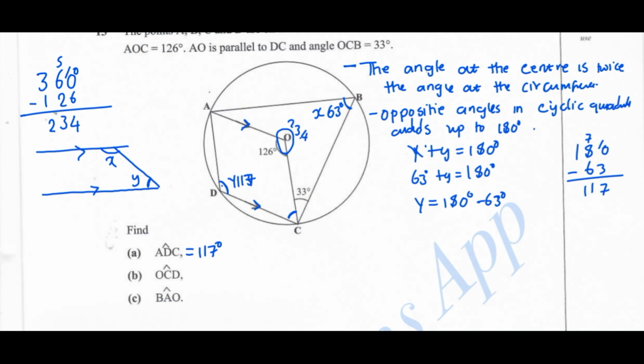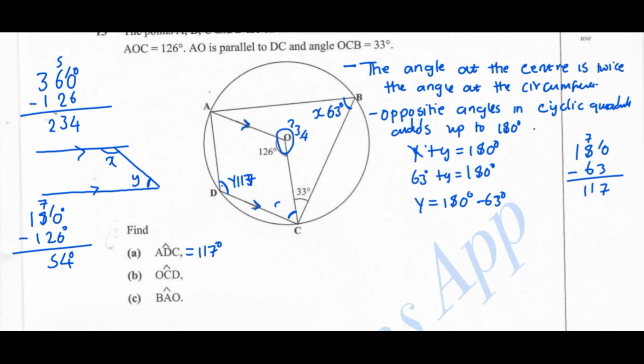So here you just have to subtract 126 from 180, then you'll be able to get the final answer. 180 minus 126: here we have 4, 7 here we have 5, so 54.